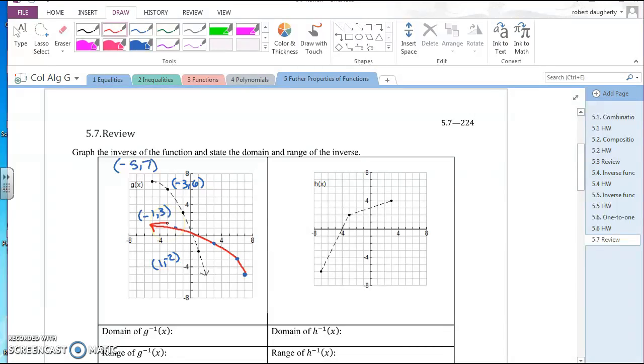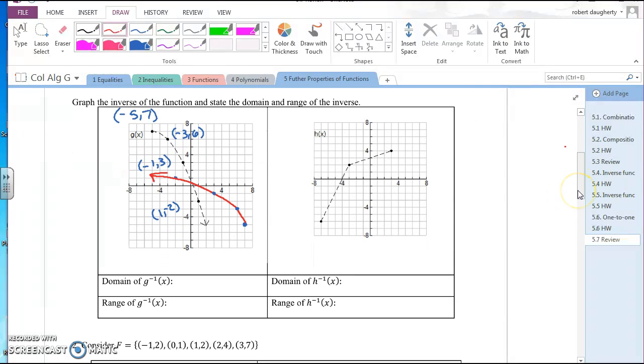Okay. So let's answer questions. They're asking us about the domain of G inverse. You know that's the same as the range of G. So you can either get that answer from G or G inverse. If I look at G inverse, which is the red graph that I drew, its domain, if I travel left to right, is from negative infinity, and the highest x value I see is 7.